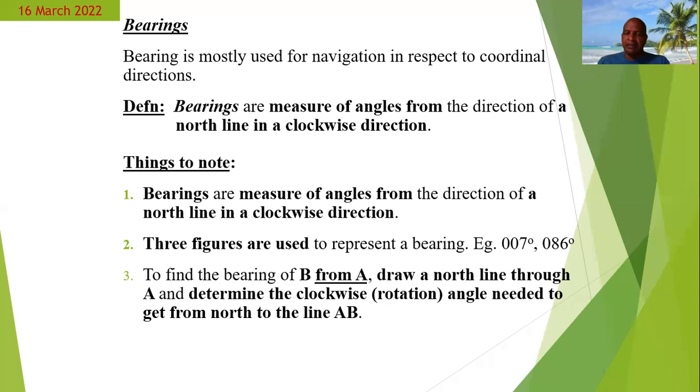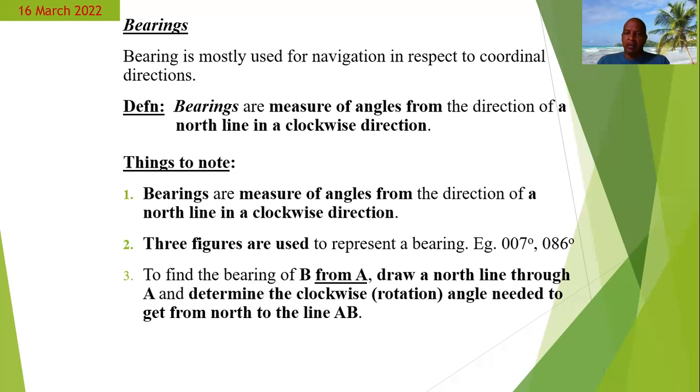So if you're measuring the bearings from A, it means that you're going to start off with the point A, and then you're going to draw a north line to that point, and then you measure your angle in a clockwise direction from that point.